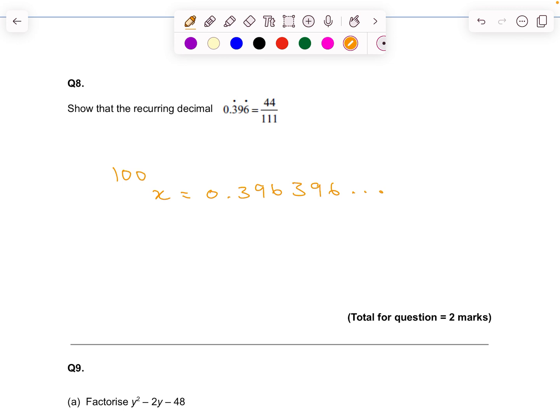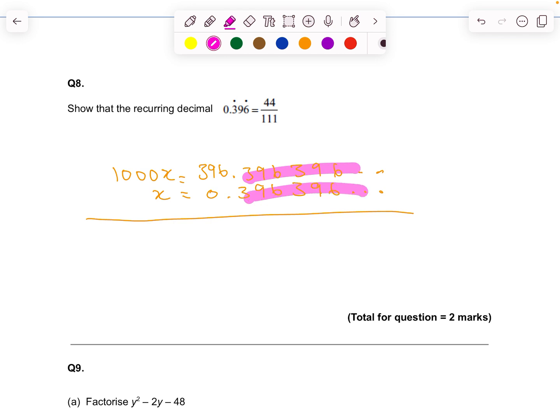So 1,000x equals 396.396396, on and on forever and ever. Then I subtract. Now, 6 take away 6, 9 take away 9, all of the recurring part here disappears, and all I'm left with is 396 take away 0.